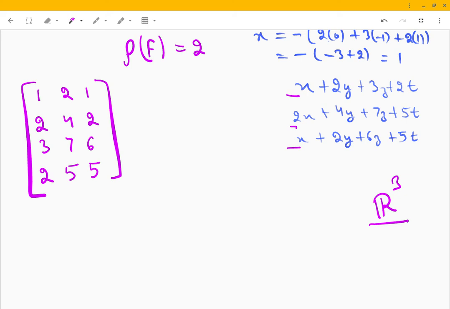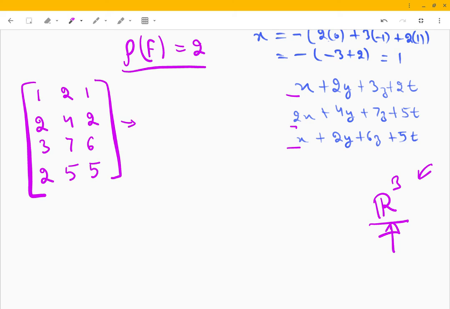What is of importance is that we have 3 dimensions in our codomain, and we have to check whether our range is same as codomain. But we already evaluated that the rank of the transformation is 2. Let's see what we get.